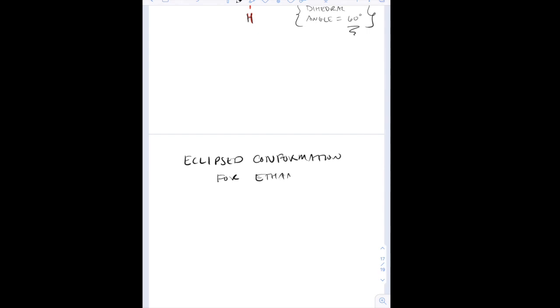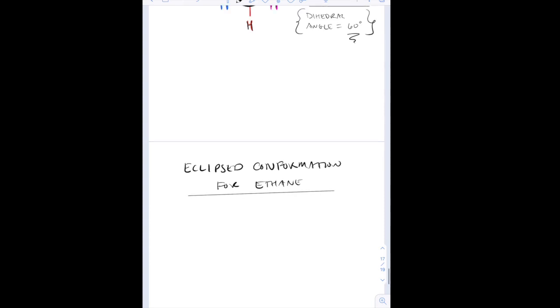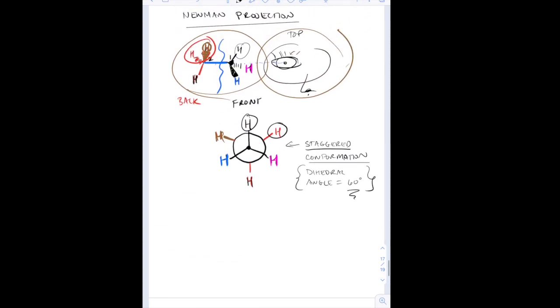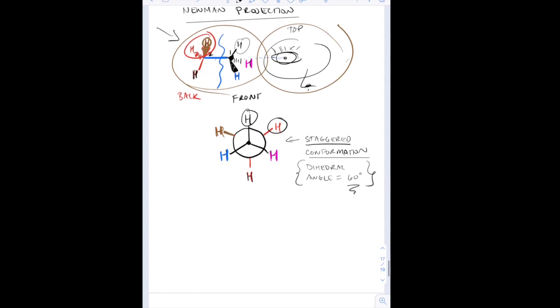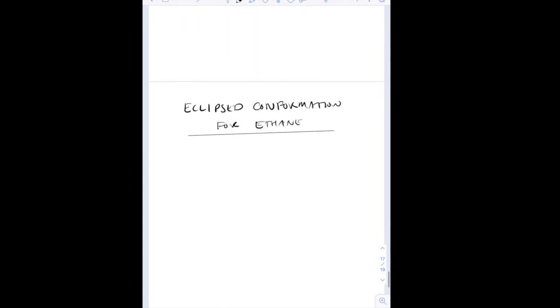Because remember, we're working with ethane right now, and so this is a very specific discussion for ethane. What I want to do is show you this drawing right here, and draw it with the wedges and dashes, but for the eclipsed conformation. So we're going to draw our carbon-carbon bond, right?